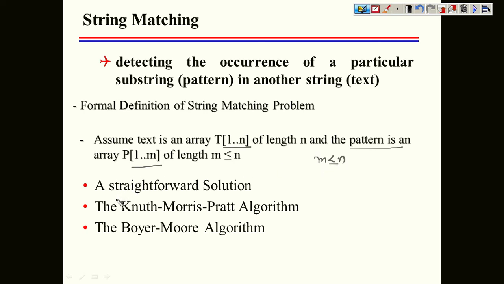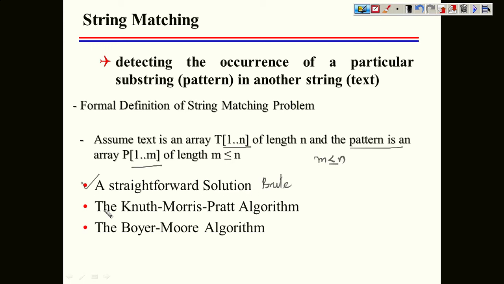Now to perform this task, to find a pattern in the given text, many algorithms already exist. One approach is the straightforward solution, which is the brute force approach. We know that brute force is a very fundamental approach where we check all the possible options we have, and normally this will give you the solution, but these algorithms are very costly.